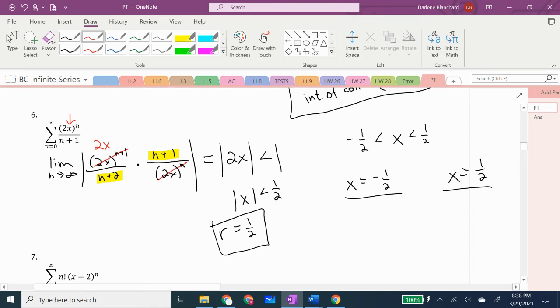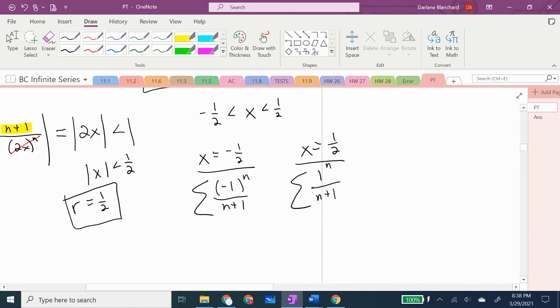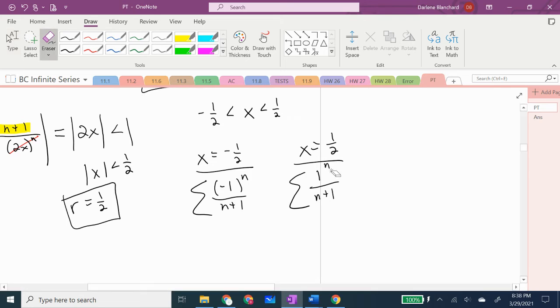So in that parentheses, I am multiplying 2 times negative 1/2. That will leave me with a negative 1 in those parentheses. Over here, I'm multiplying 2 times positive 1/2. That will leave me with a 1 to the power of n. 1 to the power of n is just going to be 1, so I'm going to erase that exponent.